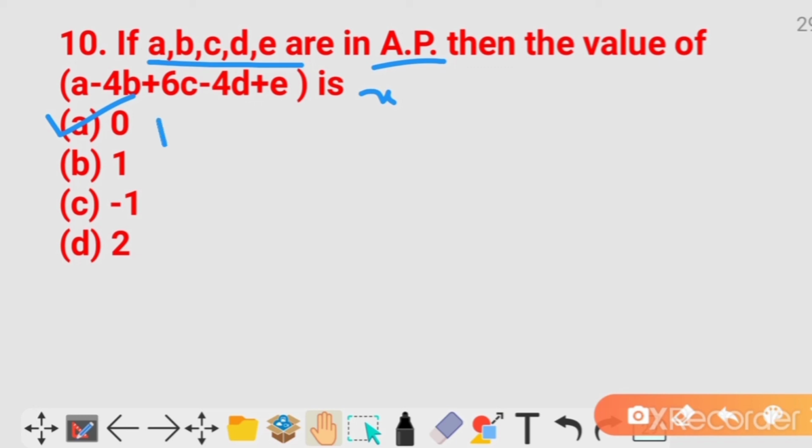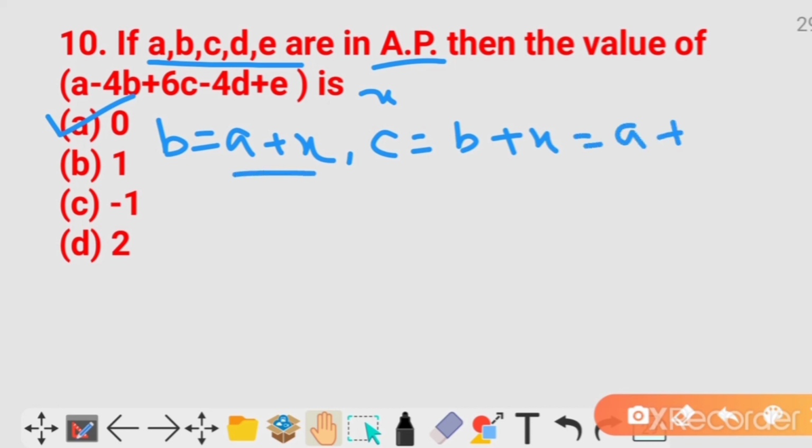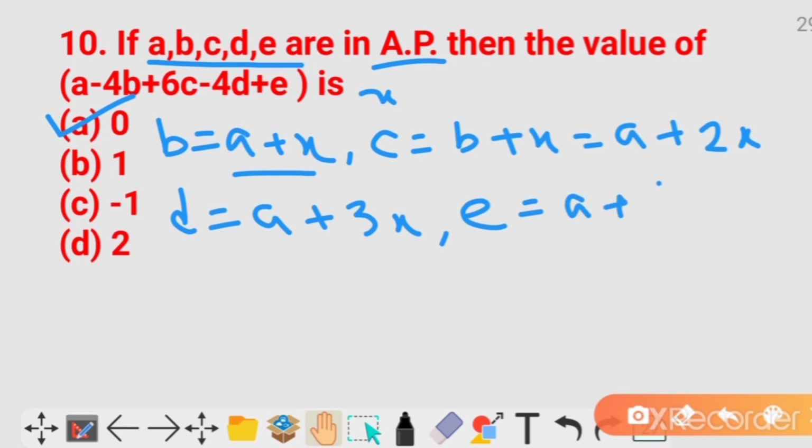Then B will be A plus X. Similarly, C will be B plus X, so if we put B equal to A plus X, we'll get A plus 2X. Similarly, D will be A plus 3X, and E will be A plus 4X.